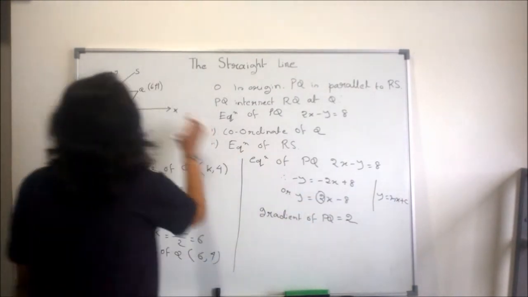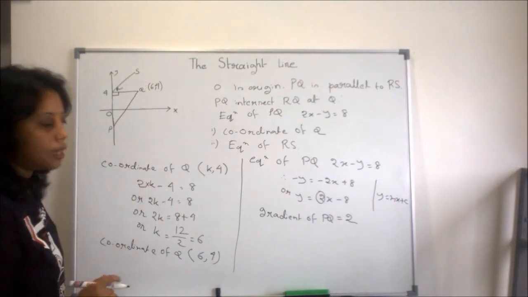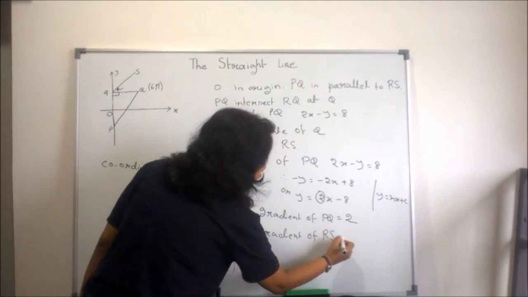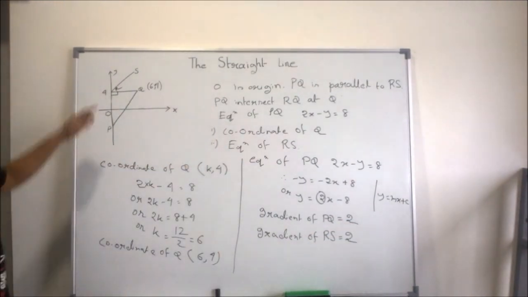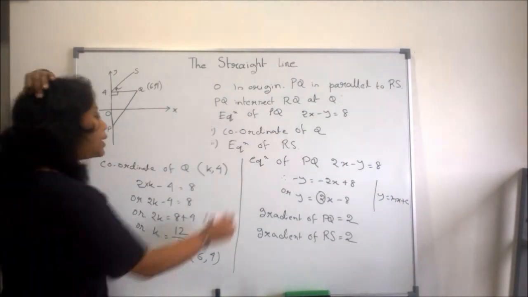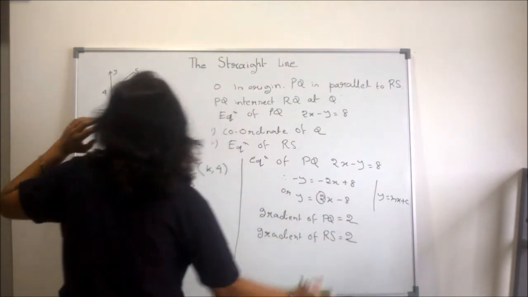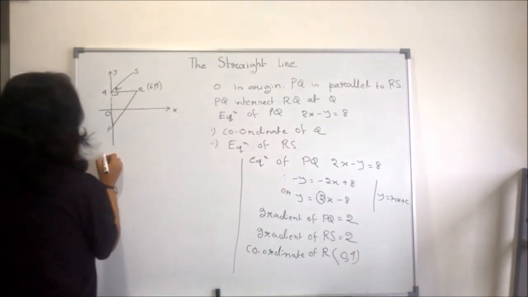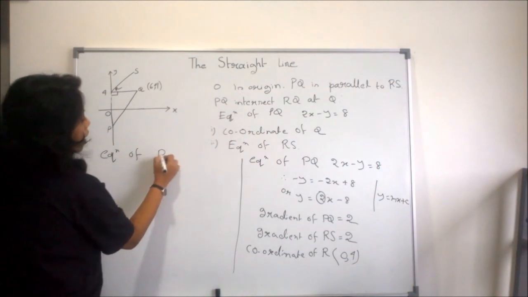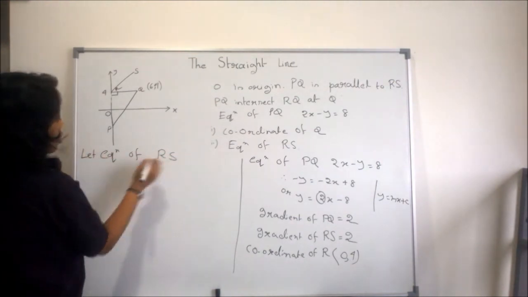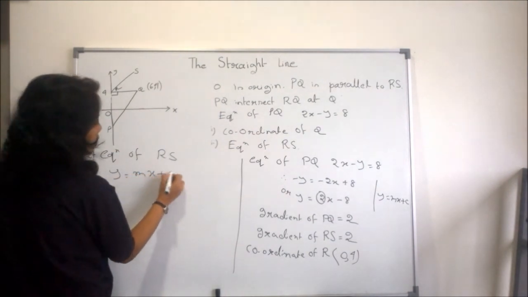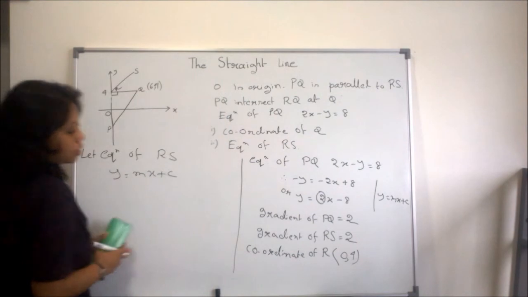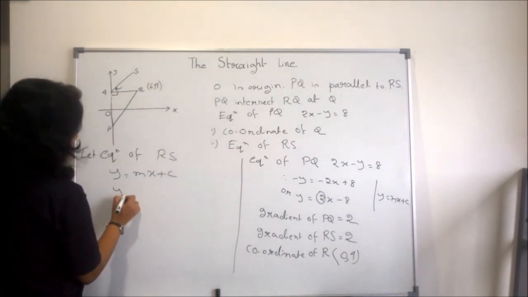Now PQ and RS are parallel, so the gradient of RS is also 2, and the line RS, whose gradient is 2, passes through the point R. So let the equation of RS be y is equal to mx plus c, the general form, where m is the gradient and c is the y-intercept.